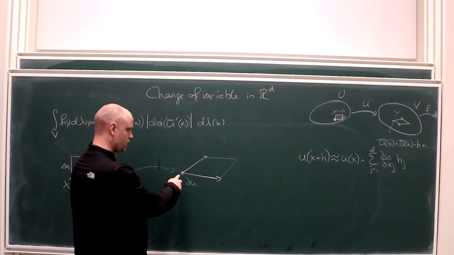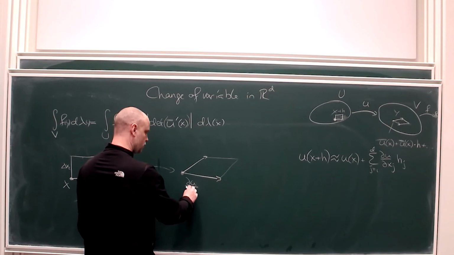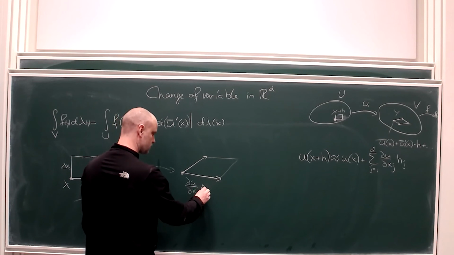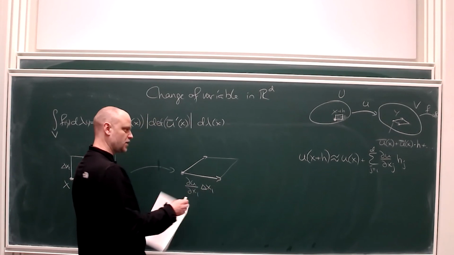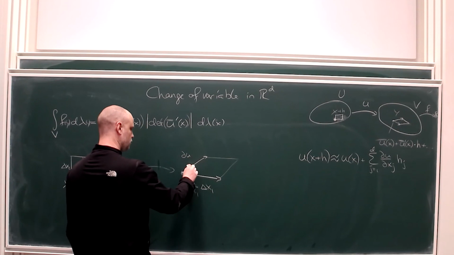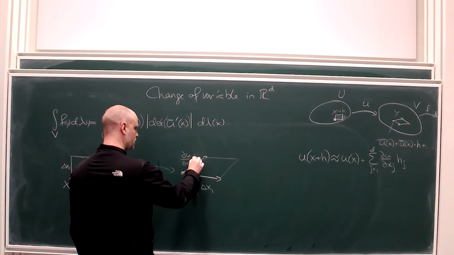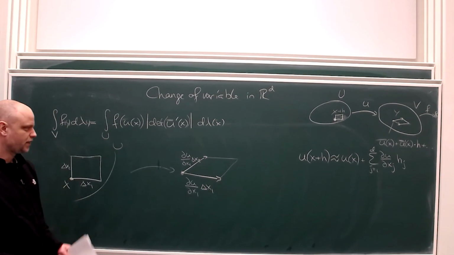Then what is this vector? That's du dx1 times delta X1. This is a number which gives the length. Similarly here, I have du dx2 times the length delta X2. And so on to higher dimensions.